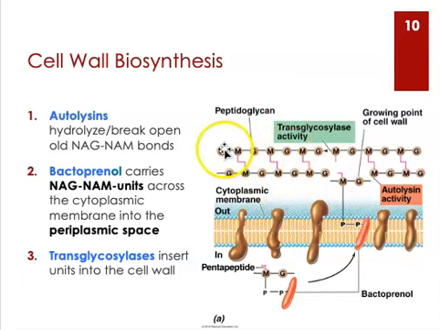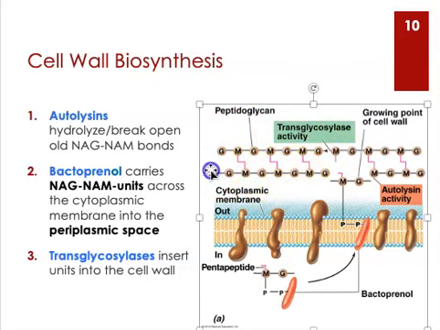So the artist has drawn two strands of peptidoglycan, and you'll see that there's a capital G and a capital M, and then a capital G and then a capital M. This represents NAG and NAM. And remember, they alternate one after the other in a long chain. And then there's a second chain down here.